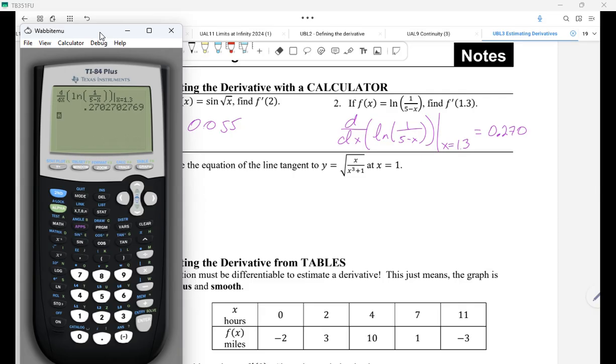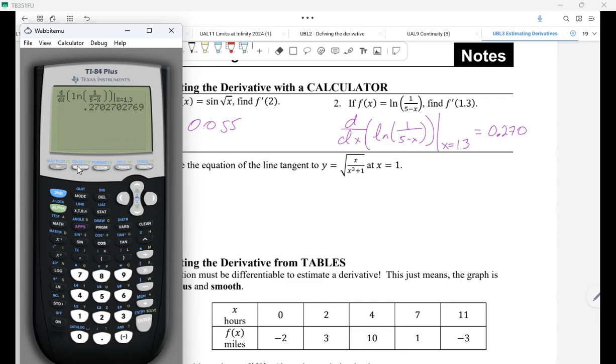It is possible to do this in the style that we did it in Desmos. You could put that function in to y equals. Oops. Clear. So I could have put in ln of 1 over, and I'm going to do this with a fraction, 1 over the quantity 5 minus x. Looks good. And then from the home screen, you actually have access to that y1.